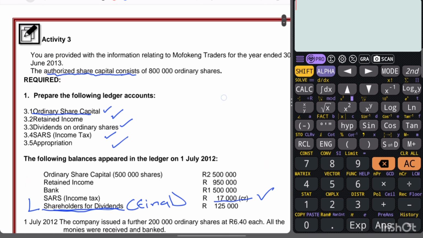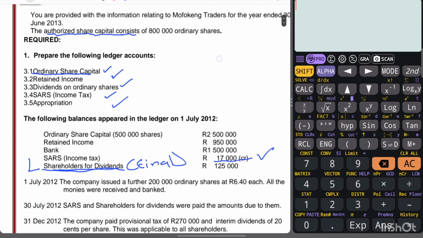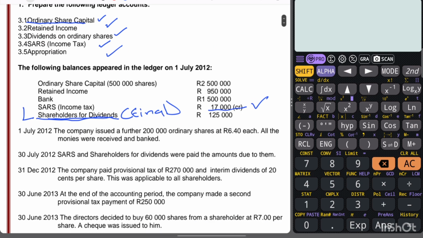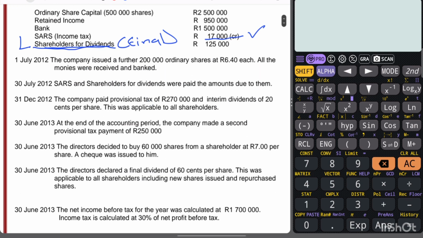All right. What we have there, we have the following balances. We are done with that one. Let's read now. On 1 July, the company issued a further 200,000 shares at 6 rand 40 each.